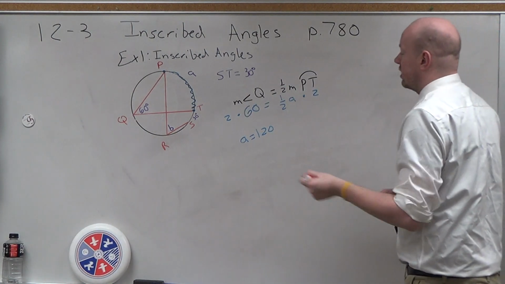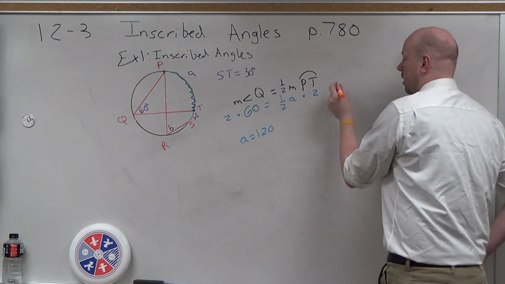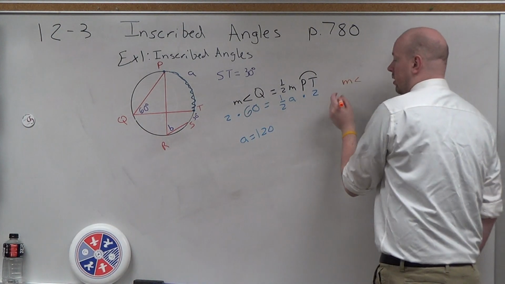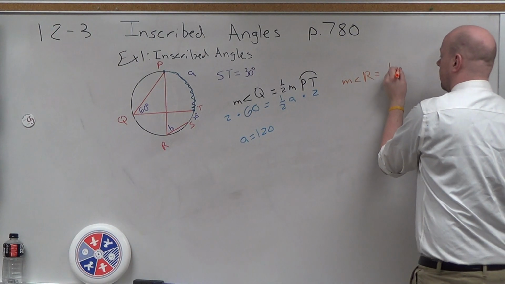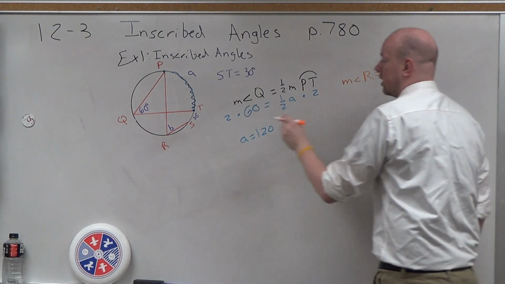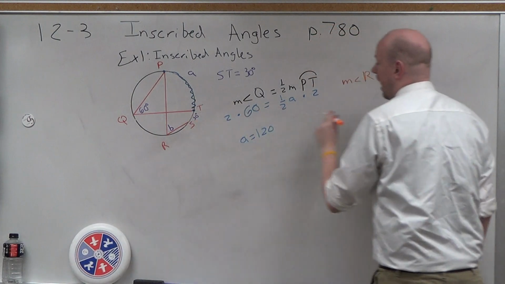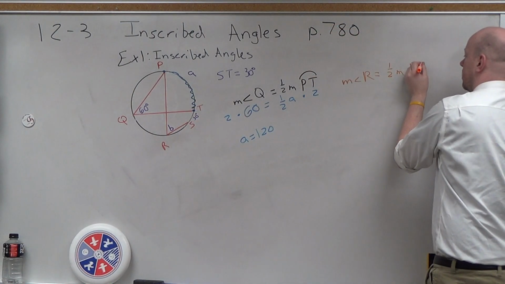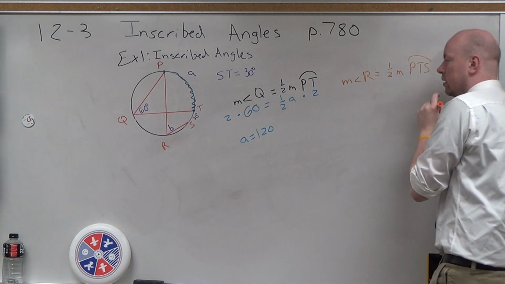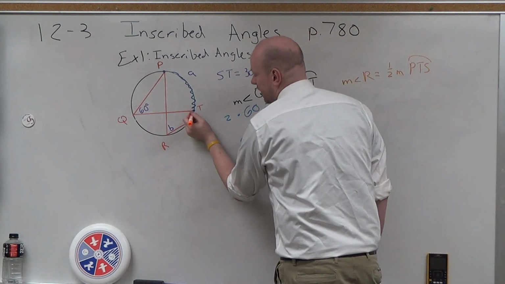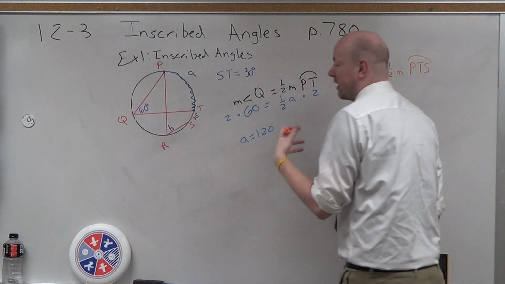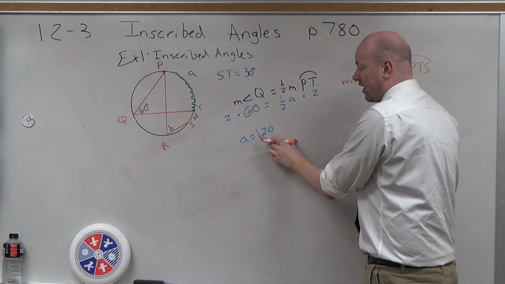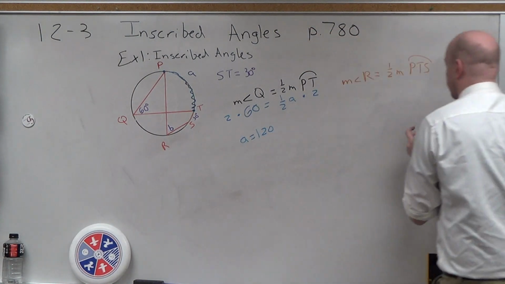Now, if we were to look at solving for B, again, measurement of angle R has to equal 1/2 of the measurement of the arc PTS. And as we see PTS, well, this part's 30, and this part is A. I would get 30 plus A, but since I already know A, I get 30 plus 120.